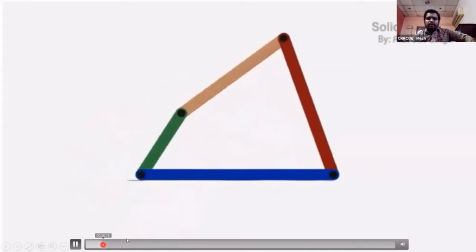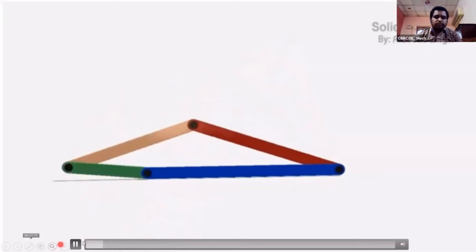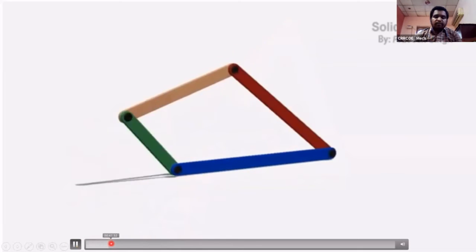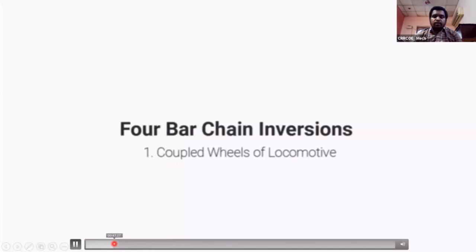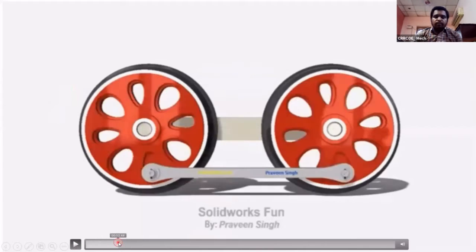Now we see the inversions of the four-bar chain mechanism. What is the first inversion? Coupled wheels, locomotive coupled wheels. This is the first inversion of the four-bar chain mechanism.